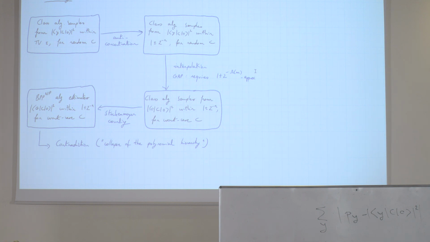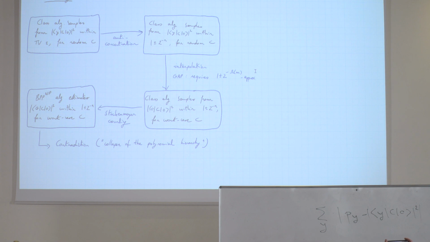Using anti-concentration, if there was a classical algorithm of the first kind, then there's actually a classical algorithm that samples from the same distribution, but now with multiplicative error 1 plus 2 to the minus n, where n is the number of qubits, for a random C.